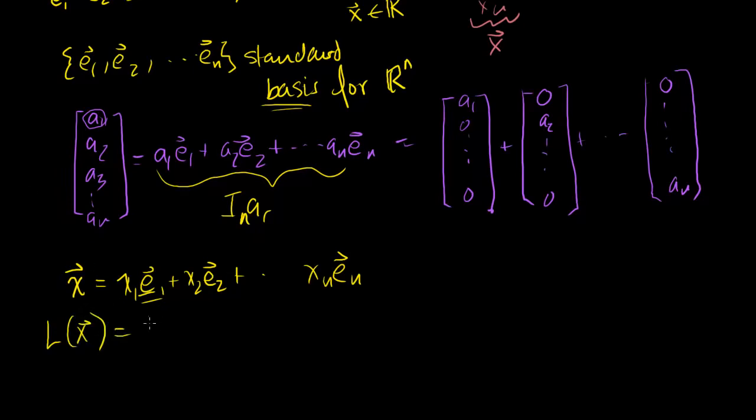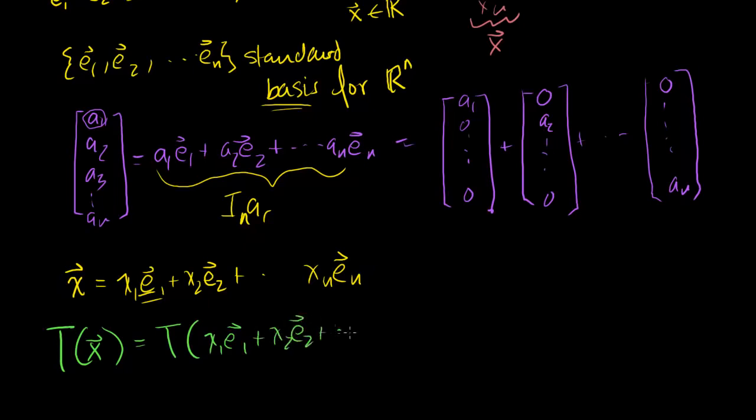Instead of using L, let me use T. I used L by accident because I was thinking linear. But if I take the linear transformation of x, because that's the notation we're used to, that's the same thing as taking a linear transformation of this thing: x1 times e1 plus x2 times e2, all the way to plus xn times en. They're equivalent. It's equivalent statements.